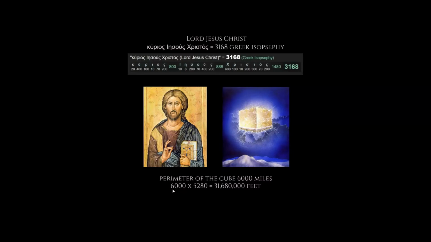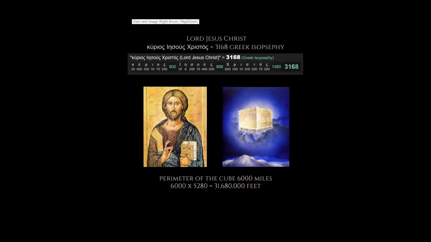But if we take the 6,000 mile perimeter of the cube times 5,280, we get 31,680,000 feet, our 3168, back to our gematria, or isopsophy value of 3168 for Lord Jesus Christ.